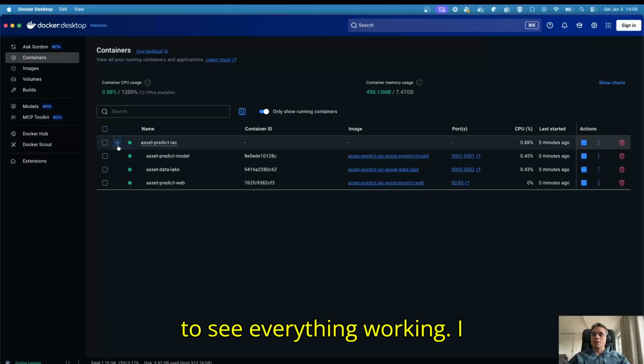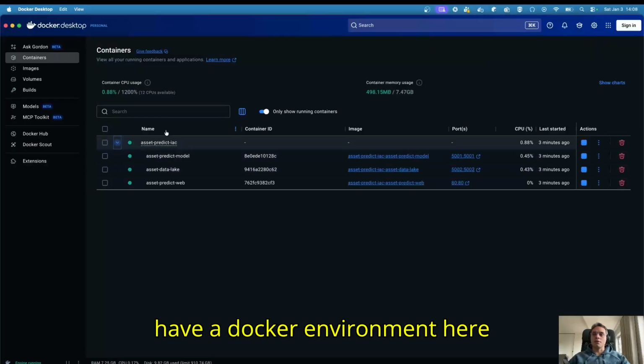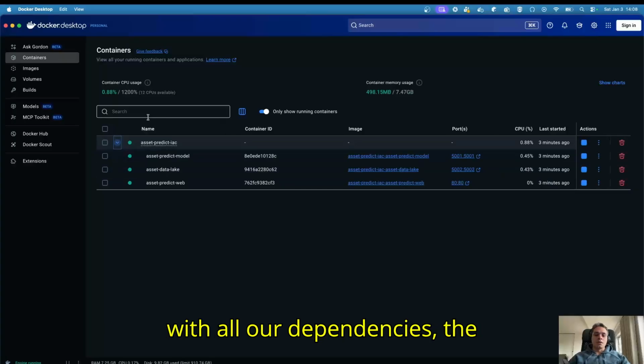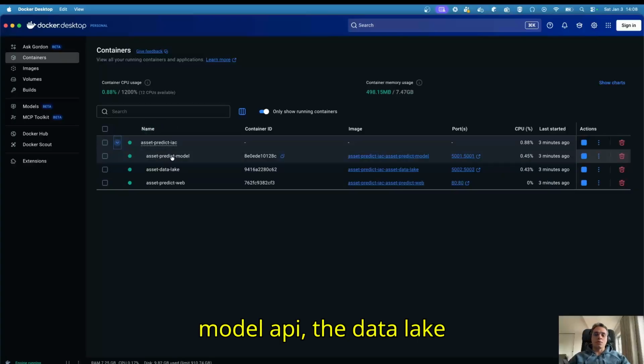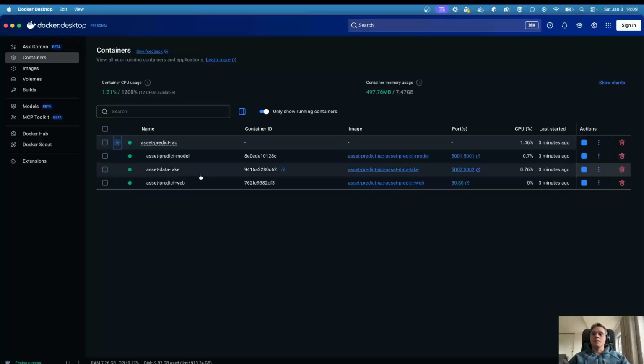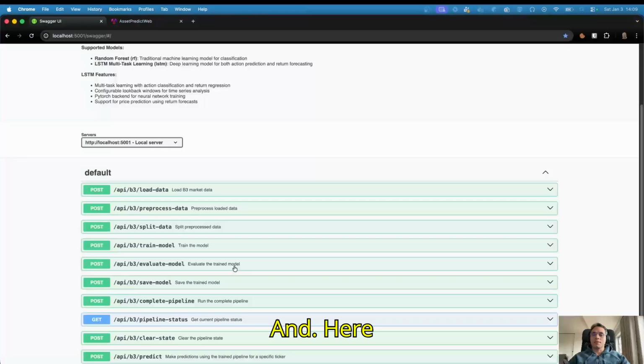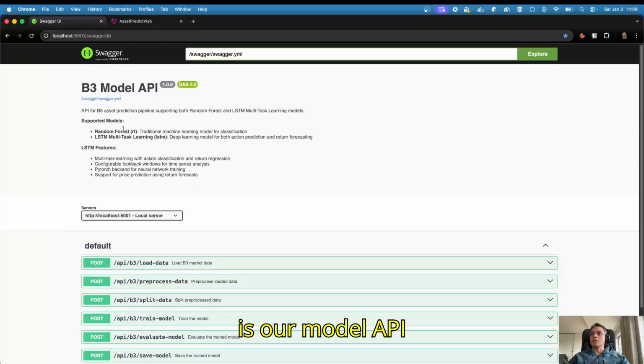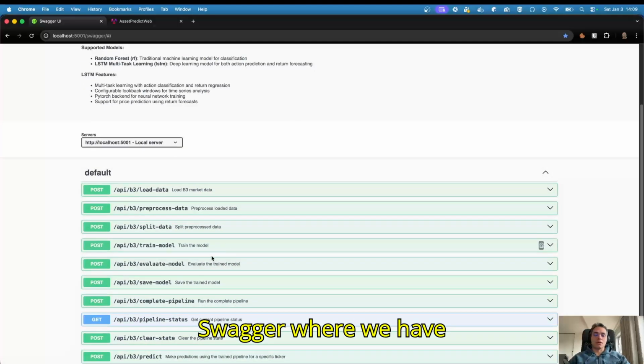I have a Docker environment here with all our dependencies, the model API, the data lake API, and our web system to interact with the model. And here is our model API Swagger, where we have all our endpoints documented.